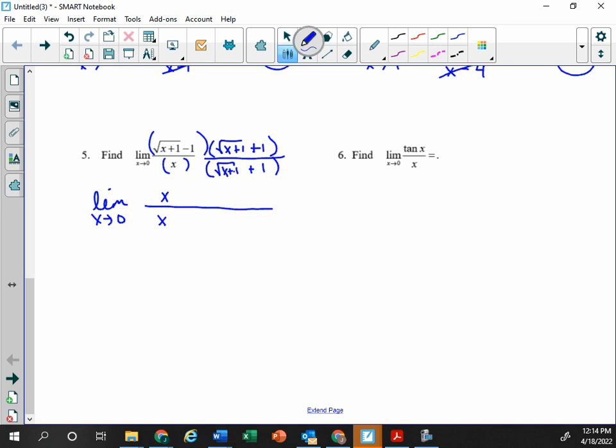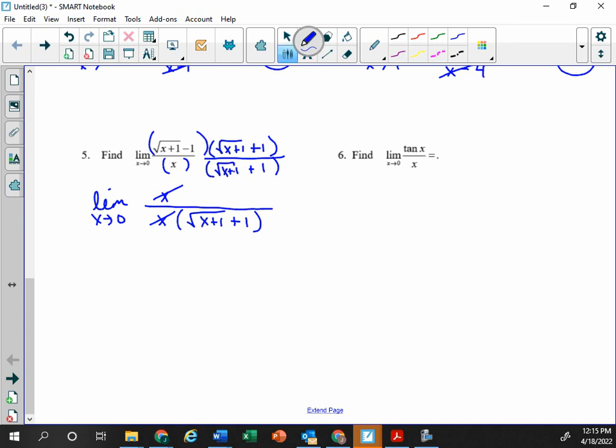Yeah, you see it? Okay. And then I'm leaving this factored because what happens? Okay, cross those guys out. So what does that mean for my numerator? It's 1, right? The numerator doesn't just disappear.